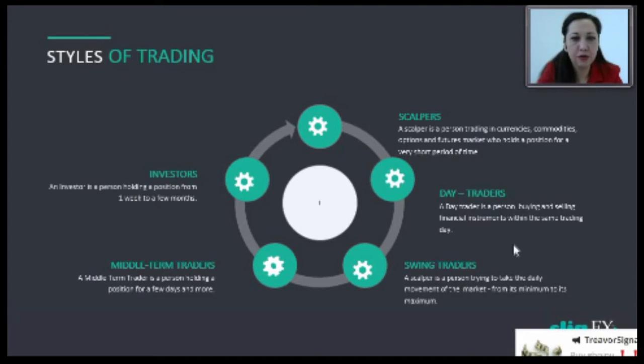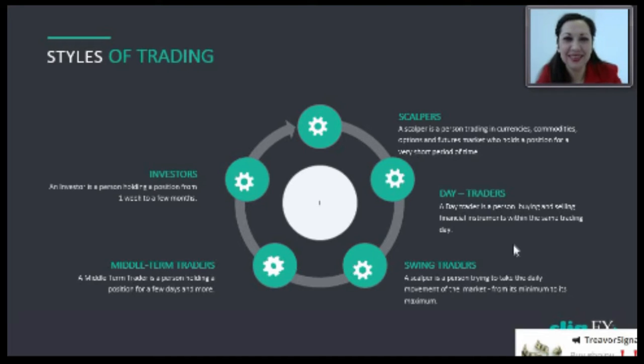Next type of traders is swing traders, and the process of trading is called simply swing trading. The most respected, I would like to say, and favorite way of trading among traders. Why?